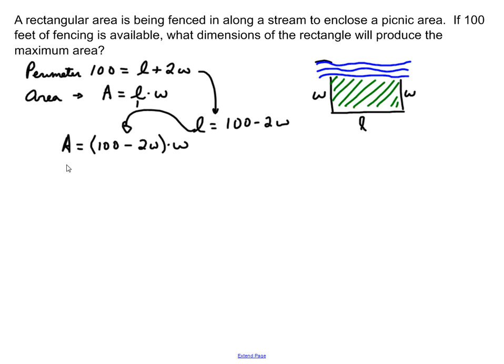So what does that mean? Our function, area, is now in terms of the width. So the area in terms of the width is equal to 100W minus 2W squared.